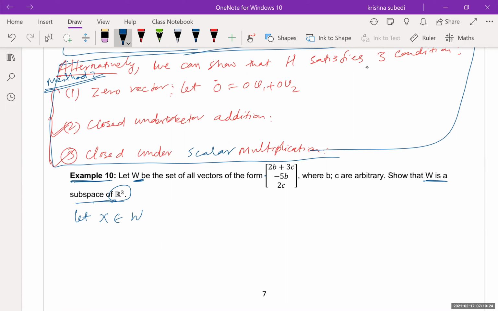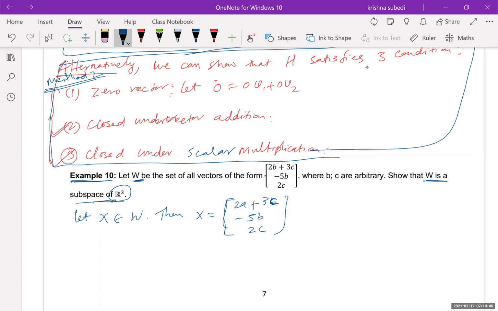Then X can be written as 2B plus 3C, minus 5B, and 2C.